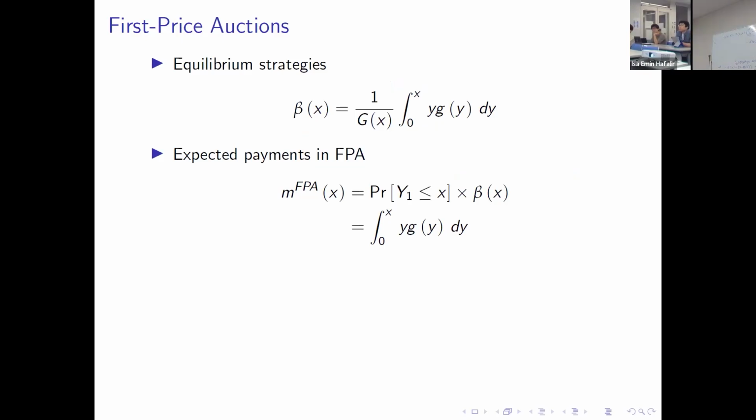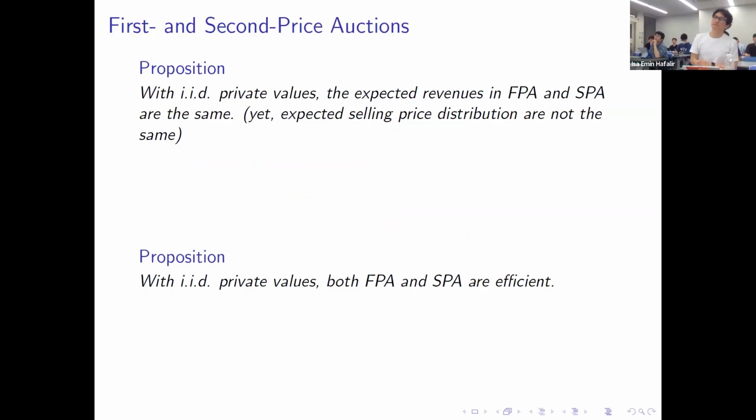It is capital G of x, times, in the case of winning, I will pay my own bid, which is given by this. So capital G(x) and 1 over G(x) cancel out, and this just becomes the interim expected payment. And therefore, these two auctions result in the same expected revenue. Okay.